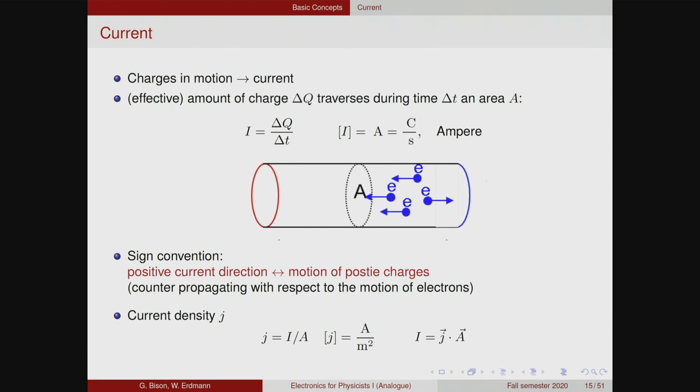Then an important quantity is the current density. It's the current per unit area, so it has units of amperes per square meter. And of course, the current is the current density times this area.